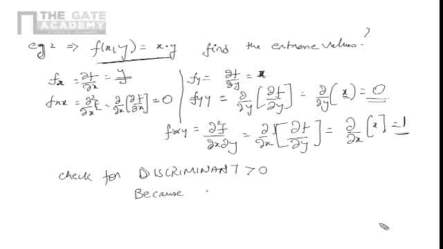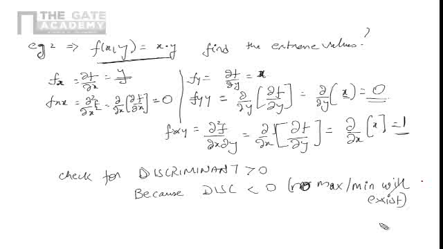Because discriminant less than 0 means no maxima or minima will exist. Correct? This is a very important point.